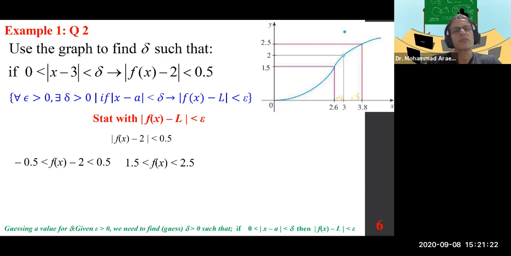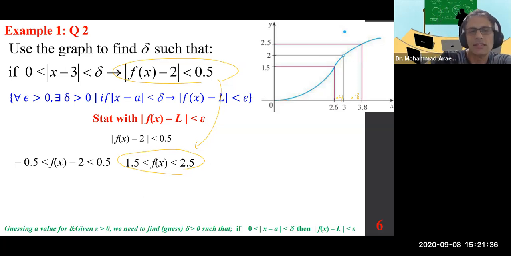So the meaning of this ultimately gives rise to this. This is based on using absolute value. So f of x, as you can see from the graph, is between 1.5 and 2.5. So what about x? x between what and what?